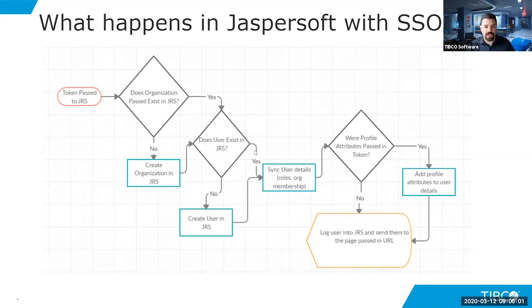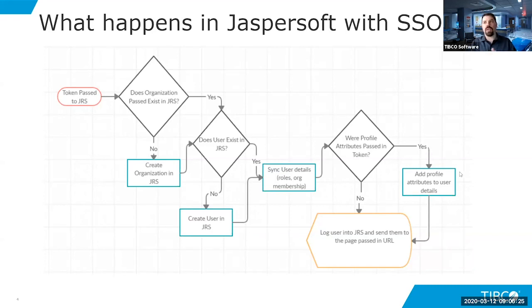And then if the user does exist, or once the user is created, we then sync the user details with roles, orgs, membership. Sorry, profile attributes are the next step. So once the user details have been synced, we check to see, did you actually pass profile attributes? If so, then we add those profile attributes to the user.